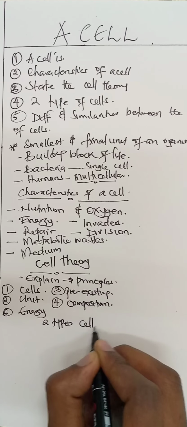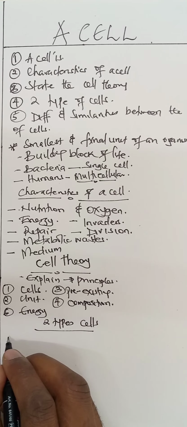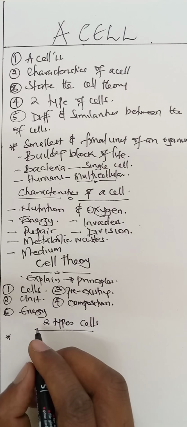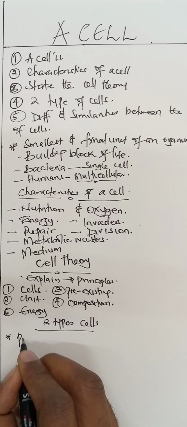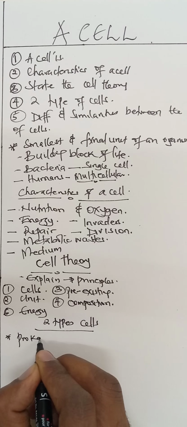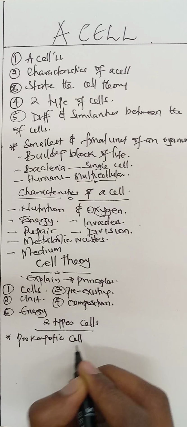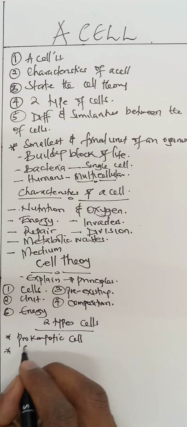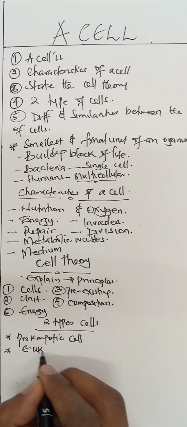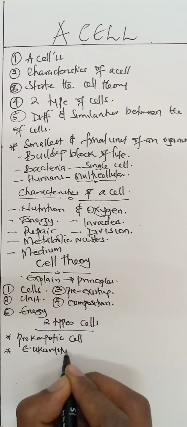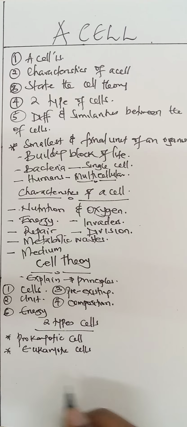So the two types of cells, we basically have prokaryotic cells and eukaryotic cells.